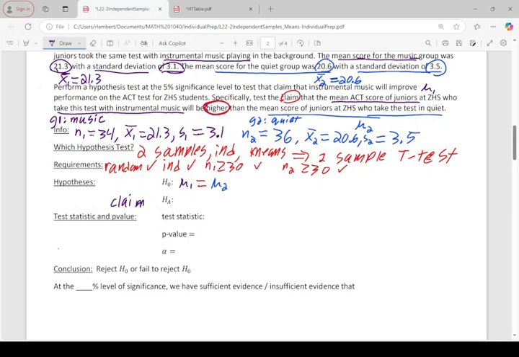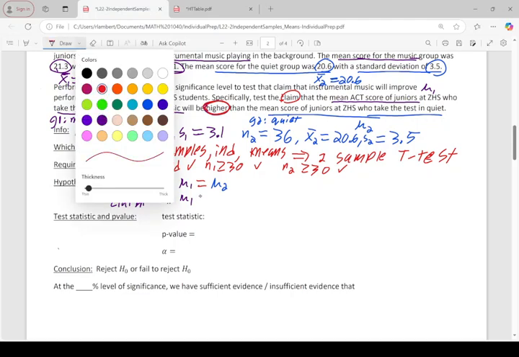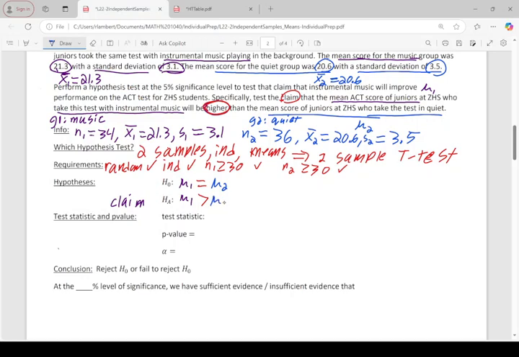And the claim is that the mean score of juniors who take the test with music, that's our mu1, the way we set it up, is going to be greater than the mean score of those who take it without music. So we're hoping to show the treatment of playing instrumental music improves scores.